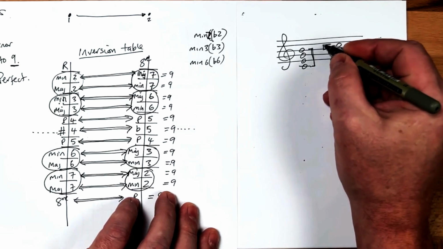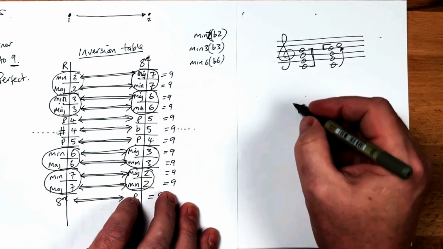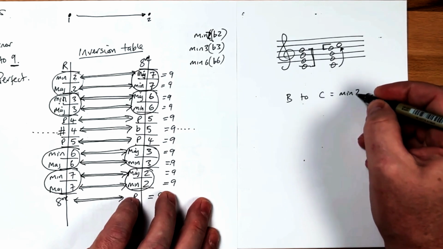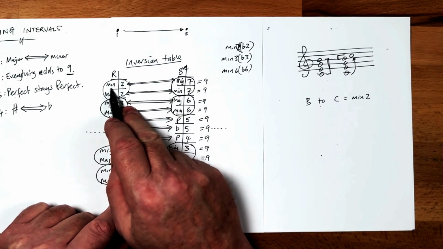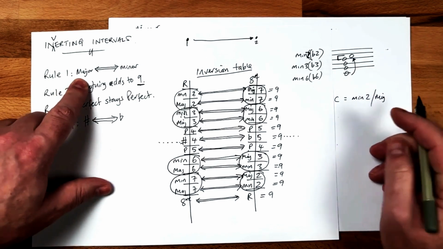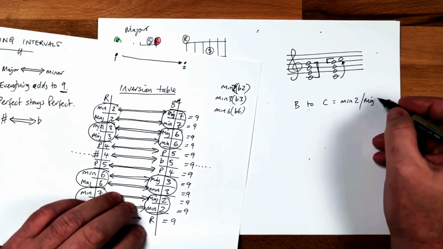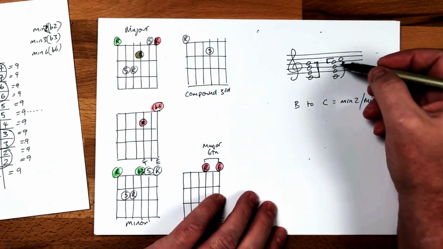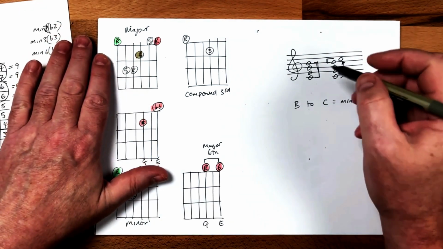And then we work backwards. We think, well, that's a B and that's a C. B to C is a minor second. Okay, let's look at our rules for inverting things. A minor second inverted becomes a major, and it has to add to 9, so we're going to get a seventh there. This is a nice easy way to get your head around what kind of seventh it is.